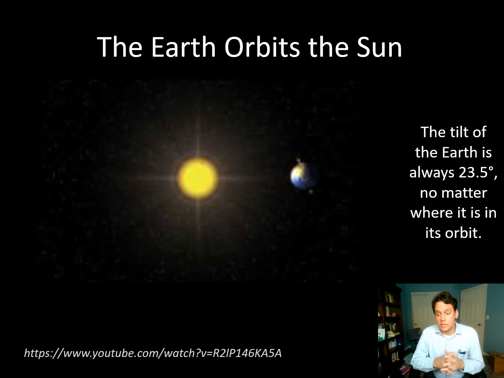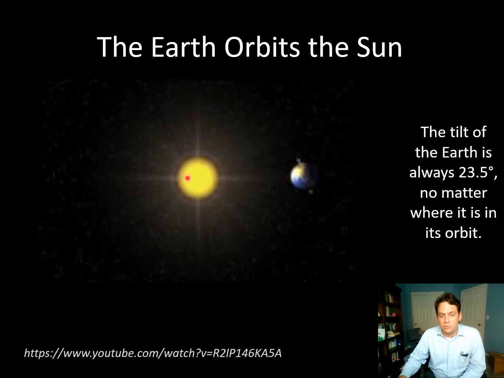But another important aspect that we're going to focus on more immediately is the tilt of the Earth. In particular, the fact that the Earth's axis is tilted at an angle of 23.5 degrees relative to the plane of the solar system. Or to put it another way, if you draw a line from the Sun to the Earth, the Earth's axis, which you can see faintly here, is tilted 23.5 degrees relative to the perpendicular.